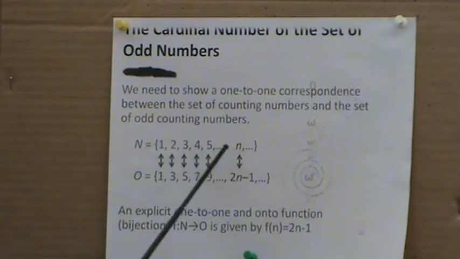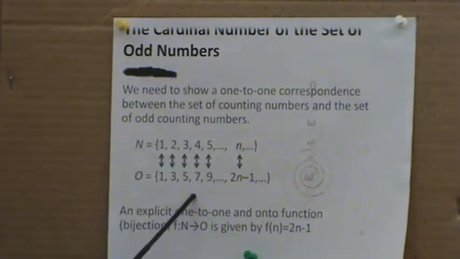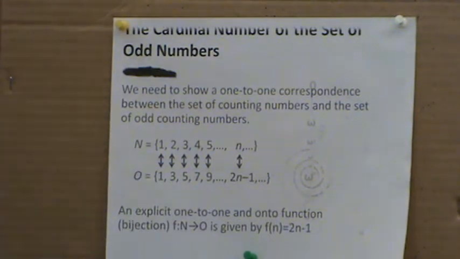But the set of positive integers already includes the set of odd integers. So it looks like the set of odd integers should be half as large as the set of counting or positive integers, but they end up being the same. They have the same number of elements. They have the same cardinality.